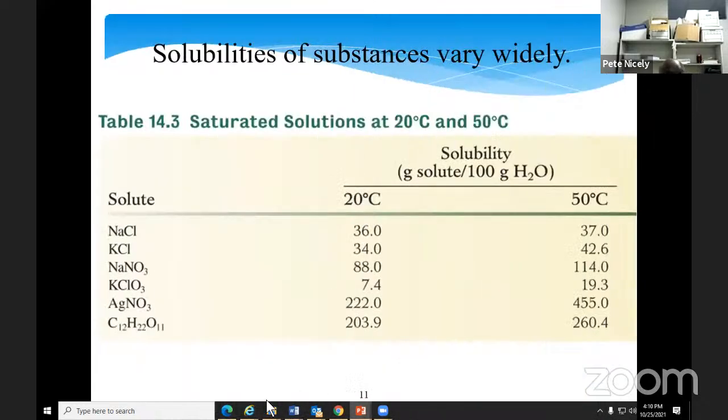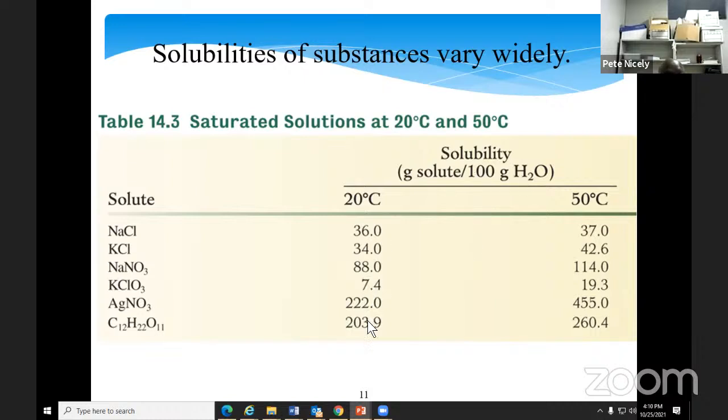So just to give you some examples of different solutes and their solubility in water, we have sodium chloride here. Its solubility is, as you can see here, at 20 degrees, 36.0 grams of sodium chloride per 100 grams of water. And if you were to increase the temperature from 20 to 50 degrees, you'll see that there's a slight increase in the solubility to 37.0 grams of solute per 100 grams of water.